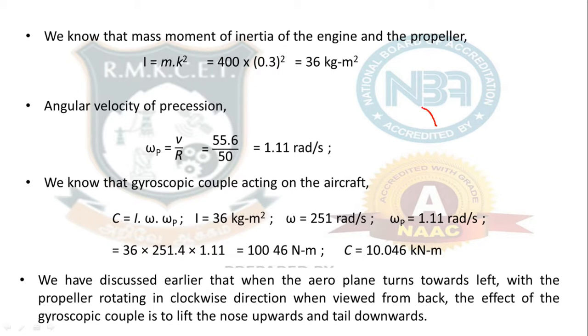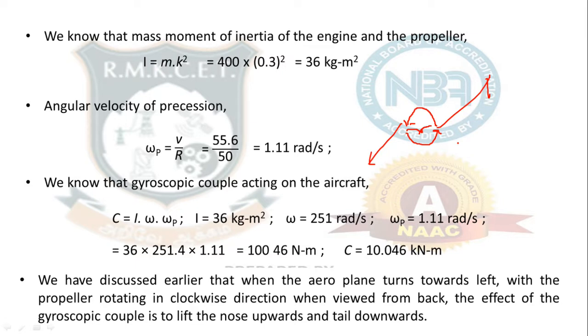Similarly, for anti-clockwise rotation of the propeller, you remember like this. Now if you turn left, what will happen? Your aircraft will go down, the nose will go down. Similarly, if the nose goes down, the tail will immediately go up, right? Similarly, if you take a right turn in an anti-clockwise rotation case, your nose will go up and the tail will go down. Just with these split circle arrow marks, you can identify these answers.